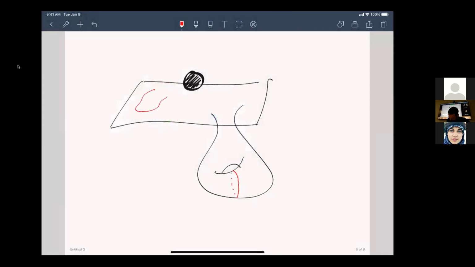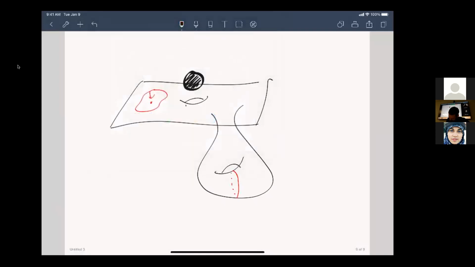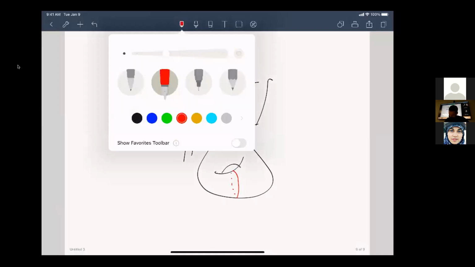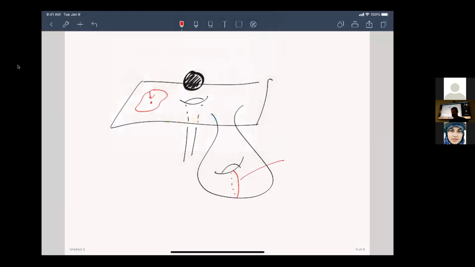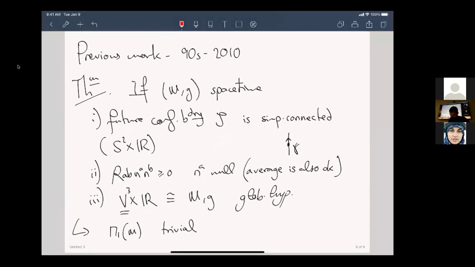Clearly I can deform this curve down to a point. Let me finish the rest of my picture. This red curve I cannot deform and contract to a point, no matter what I do to it, but this one I certainly can. So there are different types of loops in this space, and this theorem is telling us that this is not allowed. If this is trivial, it means all the loops are the same; they're all contractible.